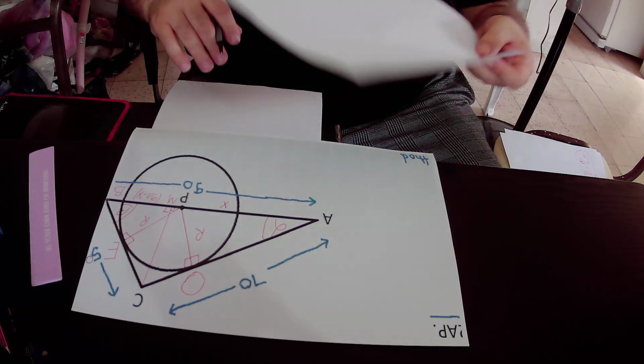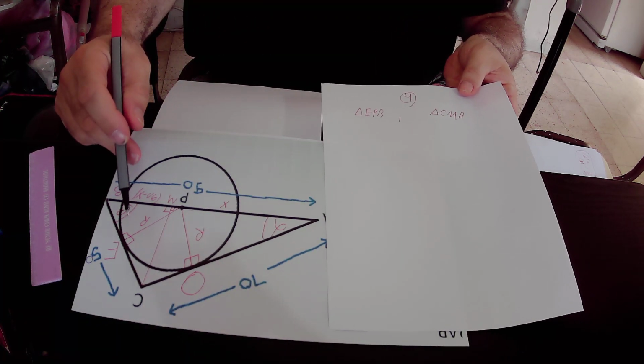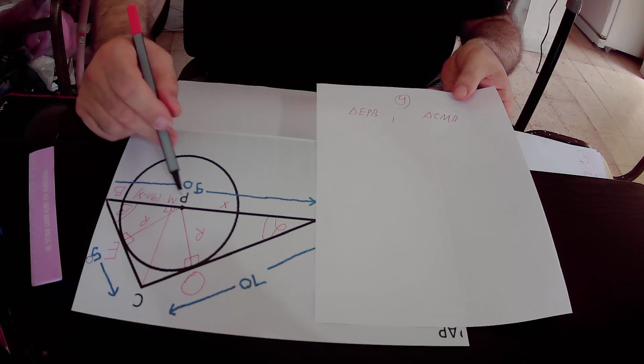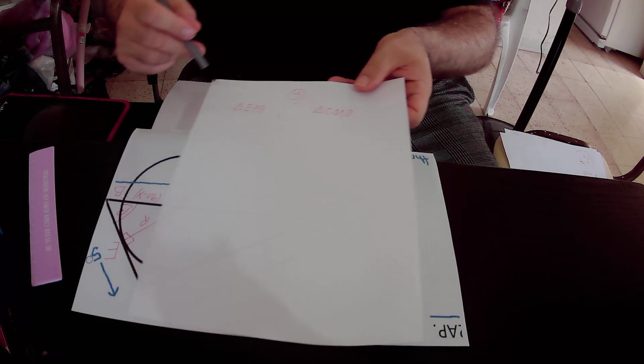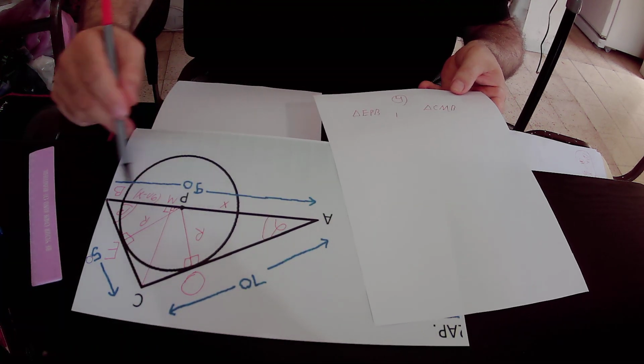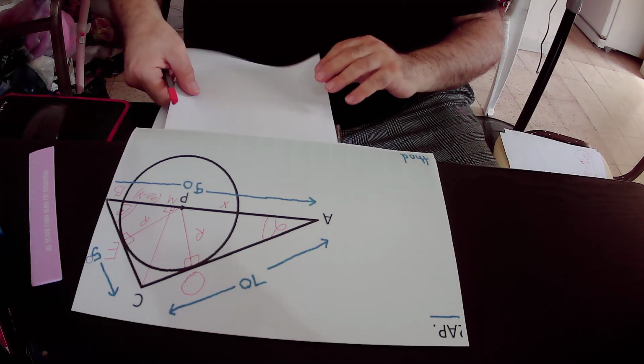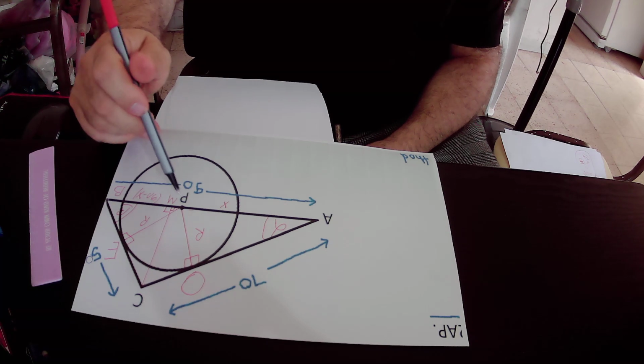So, first of all, we will focus on the right triangle EPB.